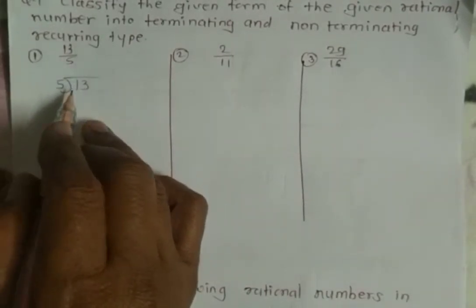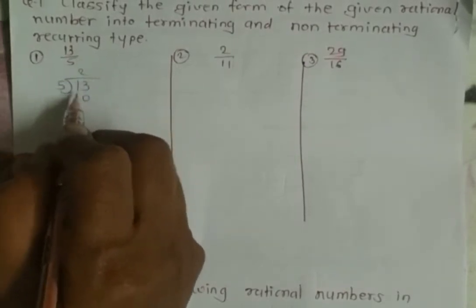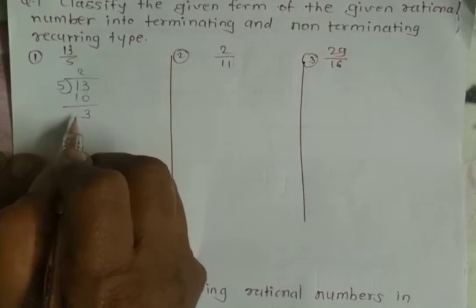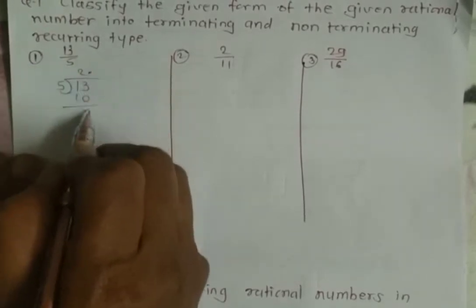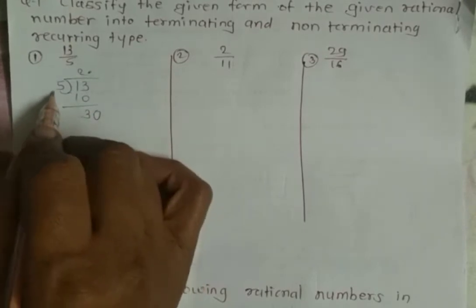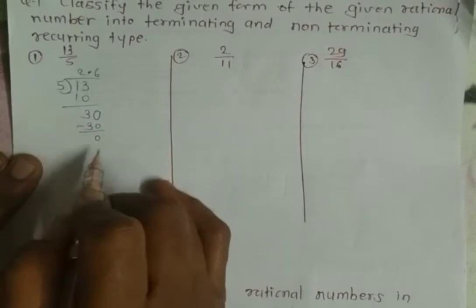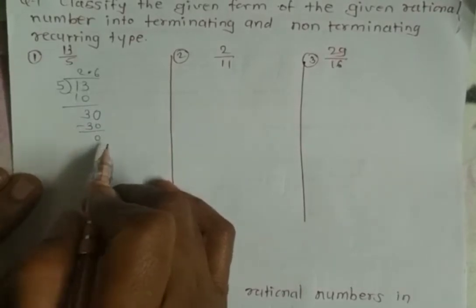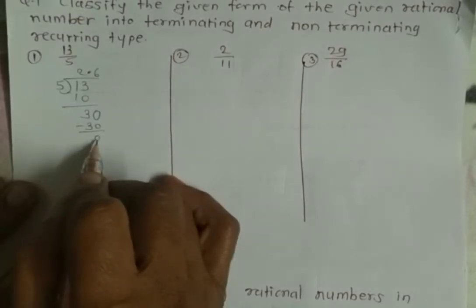Now we are doing that division. 5 twos are 10, 13 minus 10 is 3. There is no digit onward, so take a decimal point here and a 0. 5 sixes are 30, and here the remainder becomes 0, which means our division process stops.